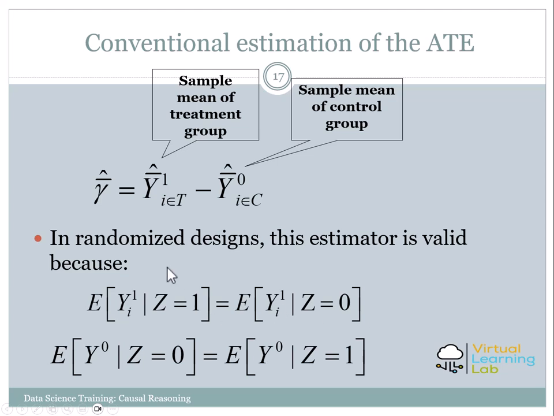And similarly, for the control group, the expected value of the outcome in the control condition for the control group is equal to the expected value in the control condition for the treatment group. Therefore, the sample mean of the control group is an unbiased estimate of the expected value for the potential outcomes.